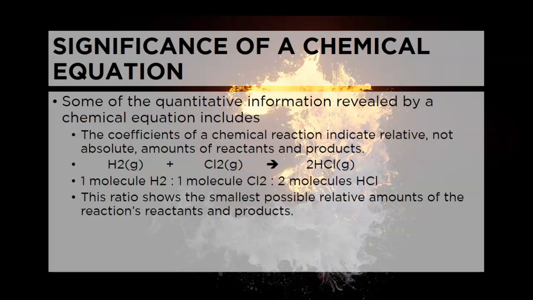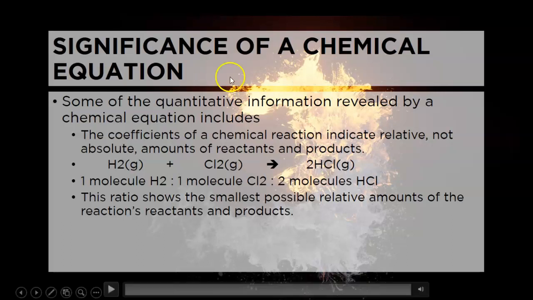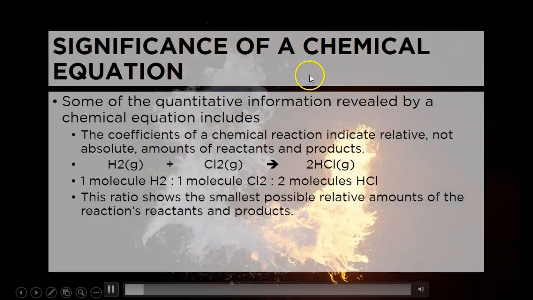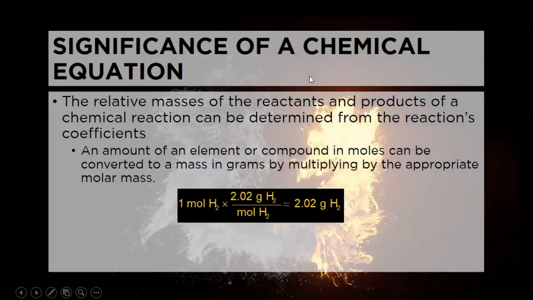I can also technically say 5 moles of H2 plus 5 moles of Cl2 would give me 10 moles of HCl. That works too, but really I want my equation to represent the smallest whole number ratio between those three. What it doesn't represent is mass.